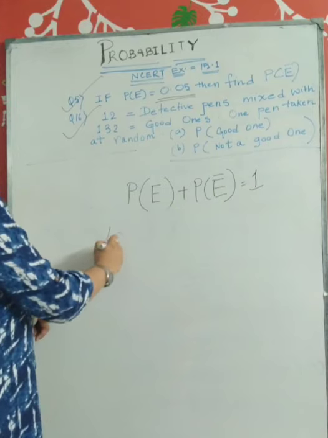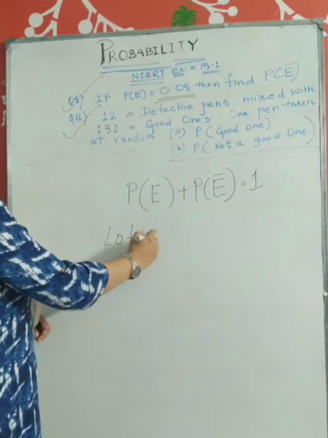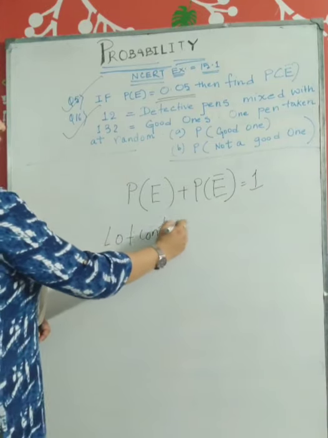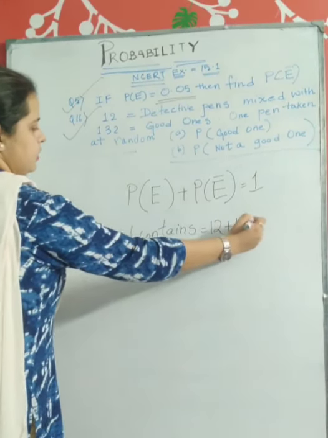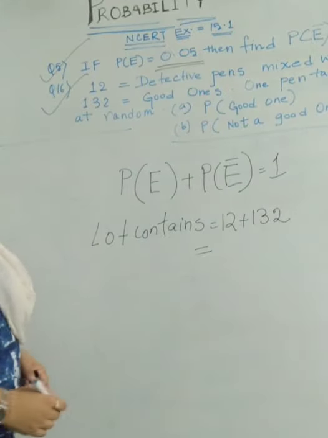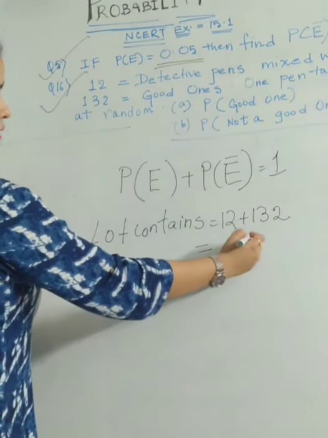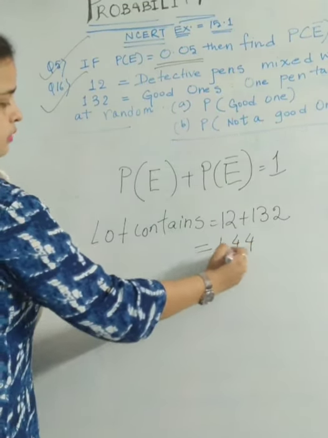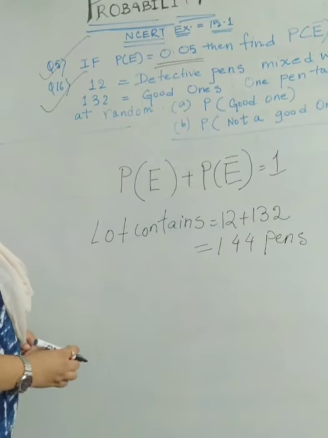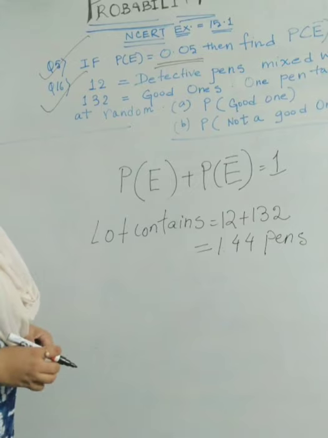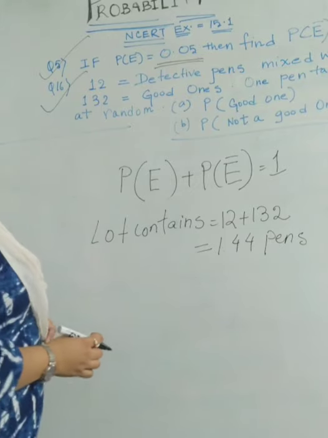Now the lot contains 12 plus 132 pens. Okay, so let us find out. Now in my bag the total number of pens is 144 in the unit.